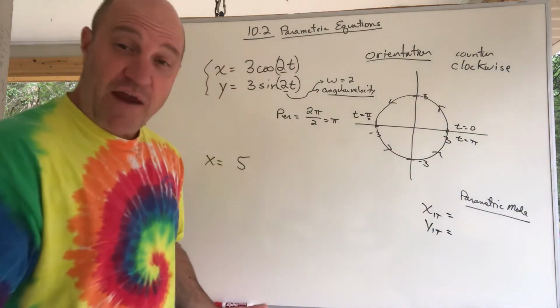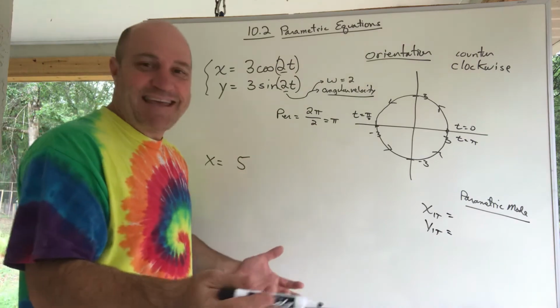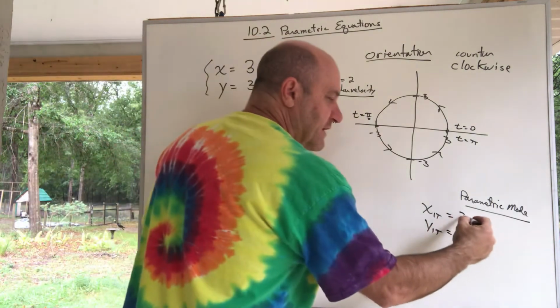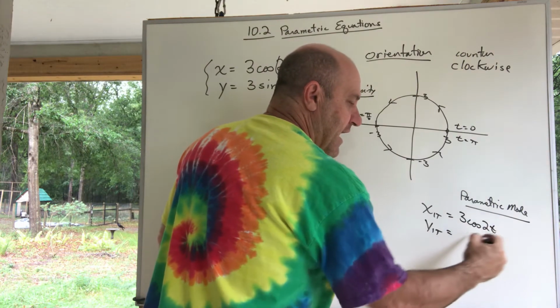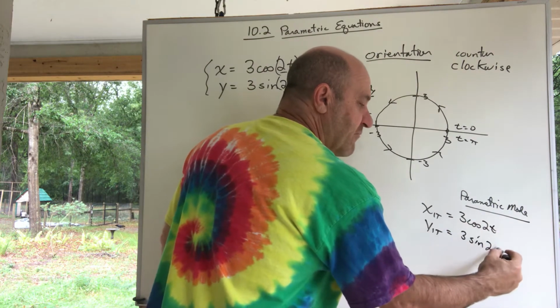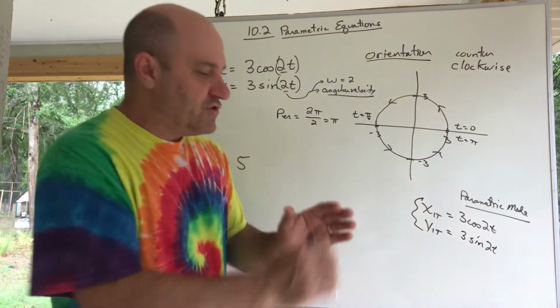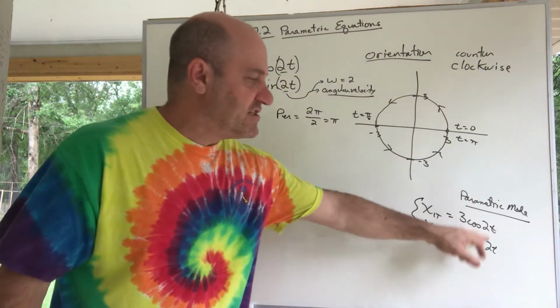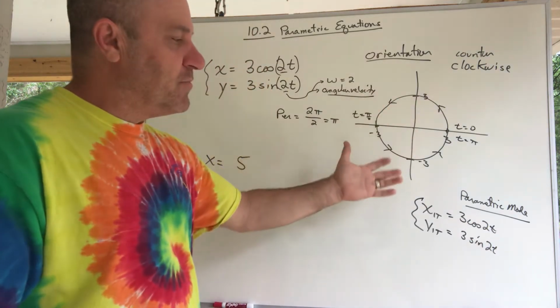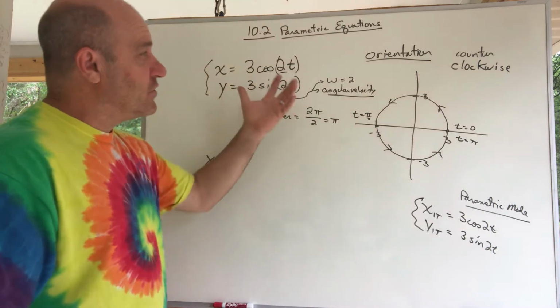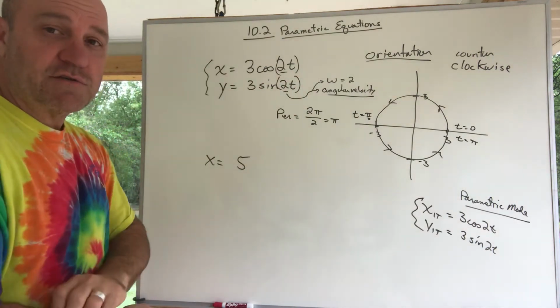And when you hit your variable button, it's now a t. So you can type in 3 cosine 2t, 3 sine 2t. You have to type in a set of parametric equations. They come as a set. And then you can graph this, adjust the window, adjust the t values, and really play around. Playing with a graphing calculator is a good way to learn parametric equations.